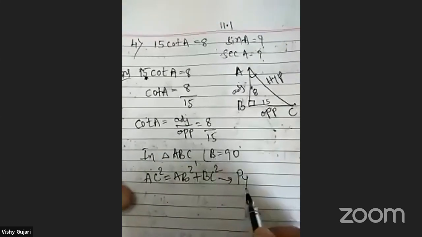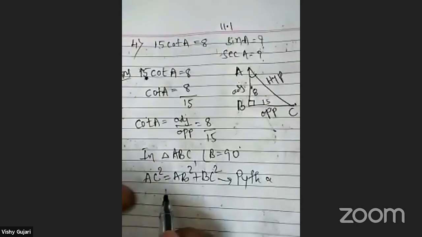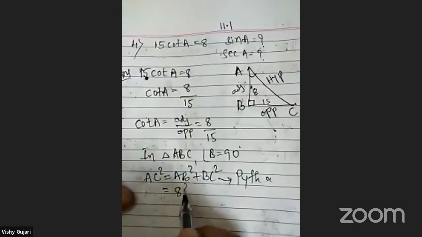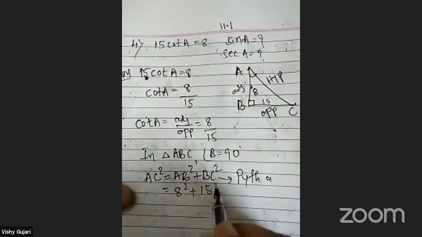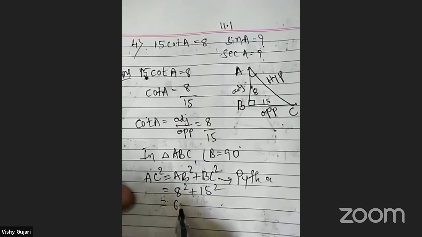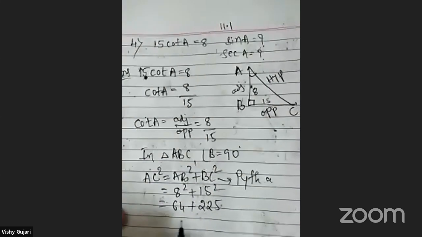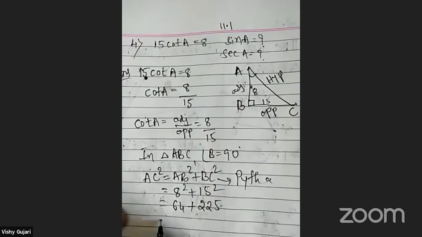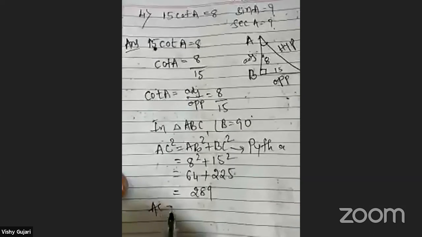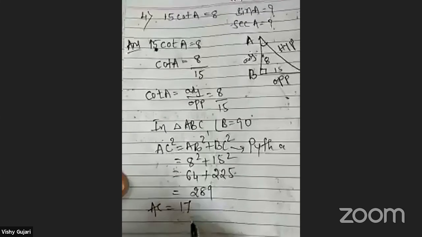That is equal to 8 square plus 15 square, 64 plus 225. That means 289. AC will be equal to square root of 289.